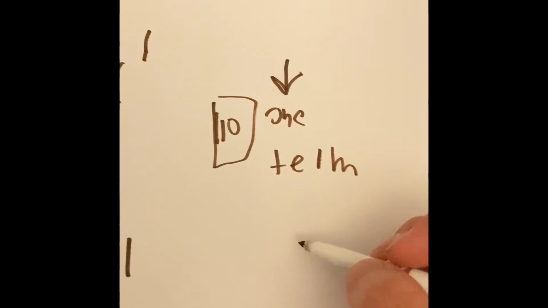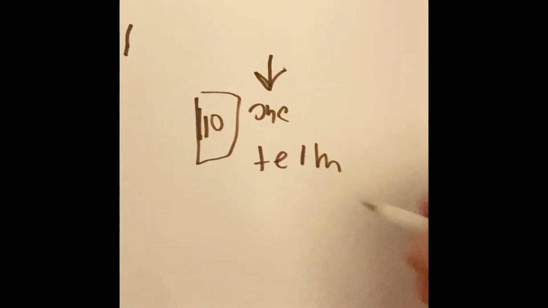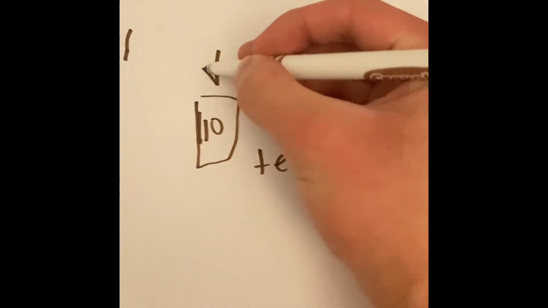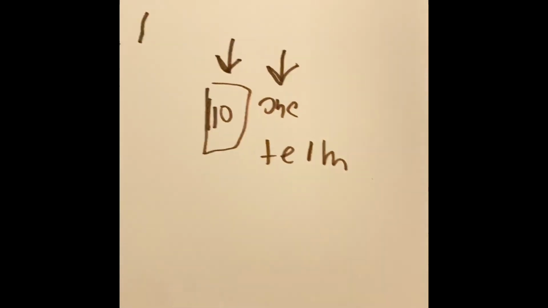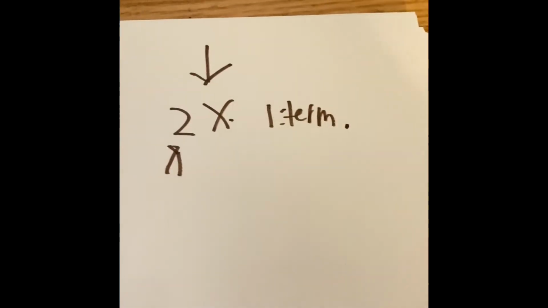So here is another example where just a number would only be 1 term, because there's 1 of something on your piece of paper. That is another example, just like 2x is also 1 term. It's 1 of something.